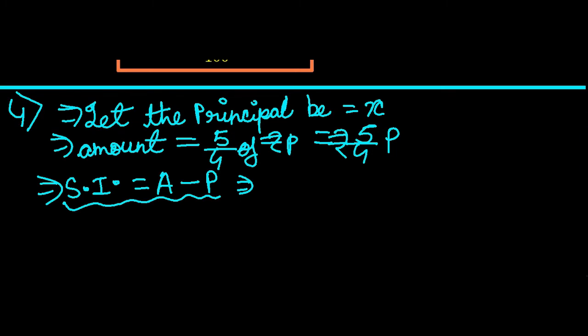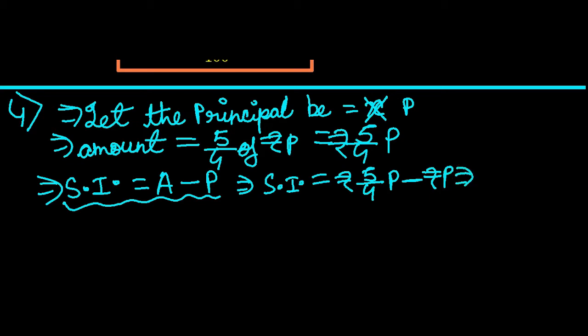So in this case, we will write SI is equal to A, amount is rupees 5/4 P, minus P, amount minus principal, and let's calculate it.